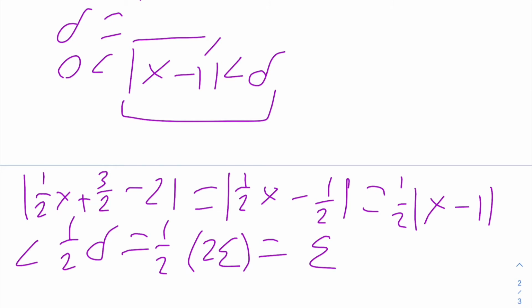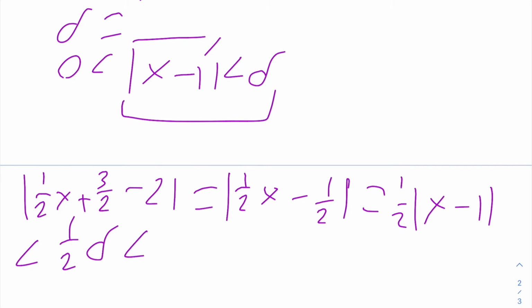But in order to really simplify everything, another thing we can do, this is the cool thing about inequalities. We know that what's bigger than 1 half delta? Well, 1 half delta is just taking delta and dividing it by 2. So obviously if we just have delta, that's bigger than a half delta because these are positive numbers. So this holds because 1 half delta is always smaller than delta for positive numbers, right?